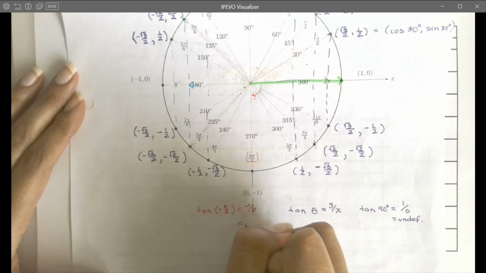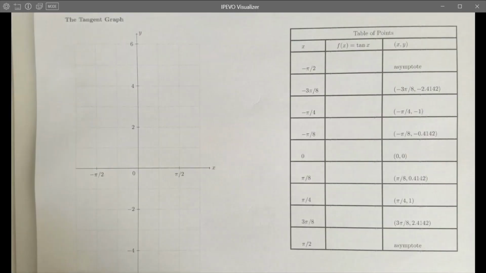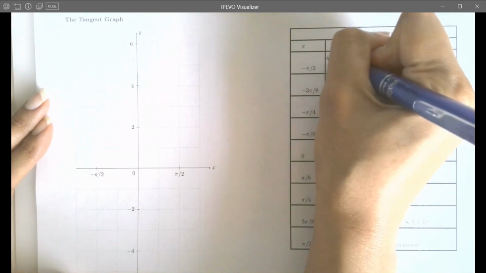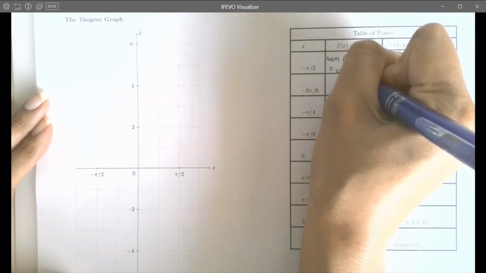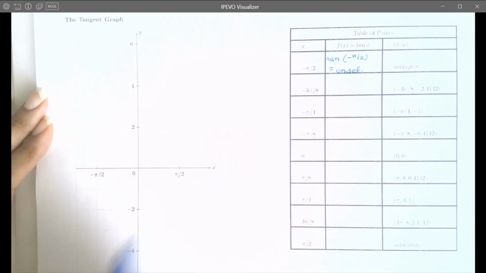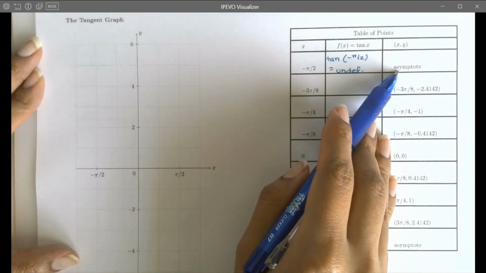And so we're going to get undefined. So tangent of negative pi over 2 is undefined, and that always corresponds to an asymptote, already listed here.